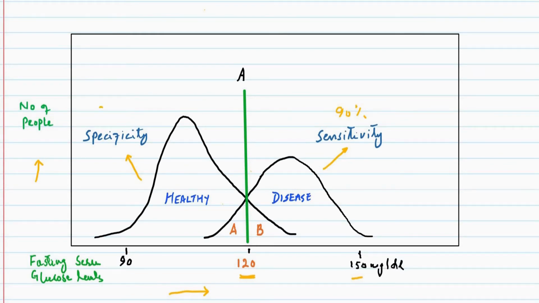Similarly, 90% of healthy people are also correctly identified and specificity is also 90%. We can see there are still people in both disease and healthy groups that will have false negative and false positive results. The optimum accuracy in this situation is achieved at point A, which is usually close to the point of intersection of the two curves.